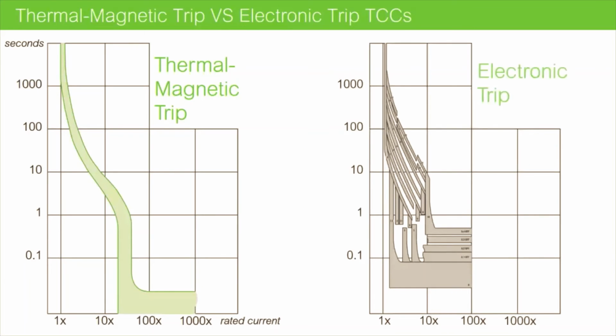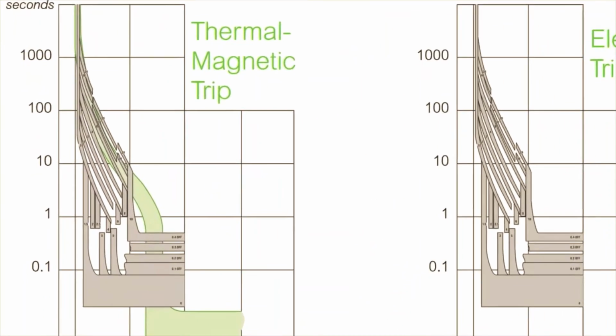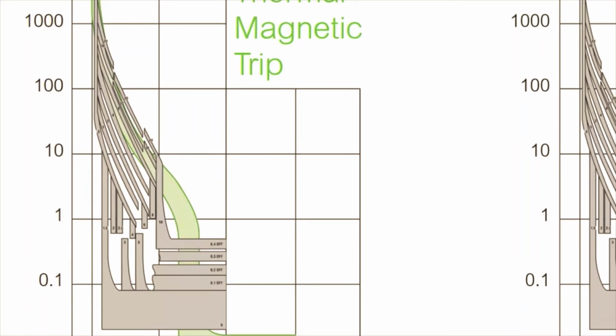We've been looking at the time current curve for a classic thermomagnetic response. However, our time current curves for electronic trip responses look much different. If you overlay the electronic time current curve over that of a thermomagnetic, you'll see a greater range is offered.